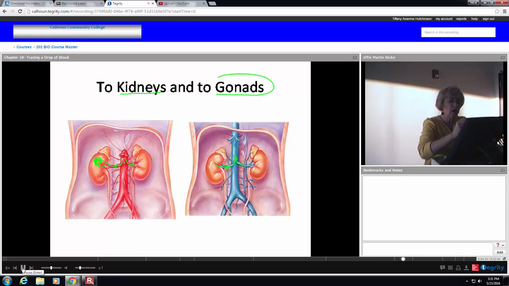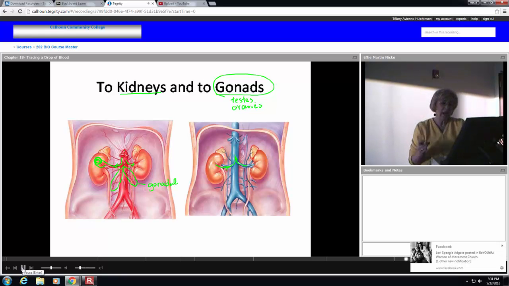Inferior vena cava, and back up to the right atrium. If you're in the gonads, which are going to the testes or the ovaries, you see this branch right here and right here. This is your right and left gonadal. So it doesn't matter which side you're on when you go down, but it's going to make a difference when you come back, because I want to show you something.